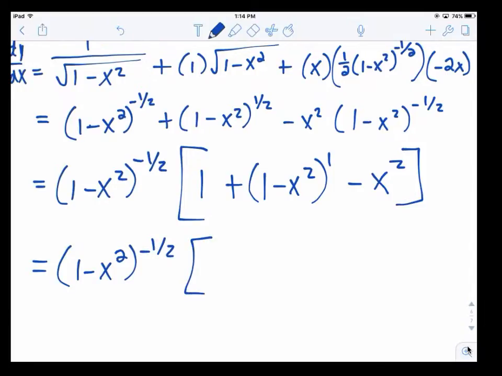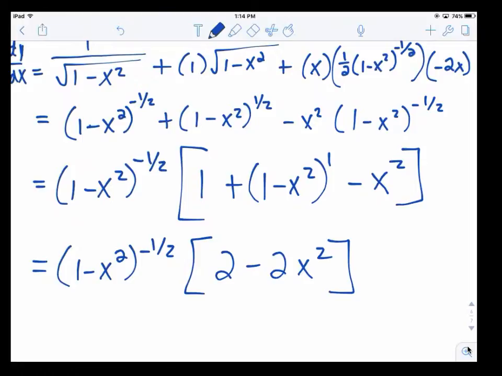And then what do I get in the brackets? Okay, good. 2 minus 2x squared. See how this is in parentheses, but it's raised to 1? So it's really the same thing as that. It's not even there, so you can almost erase the parentheses.